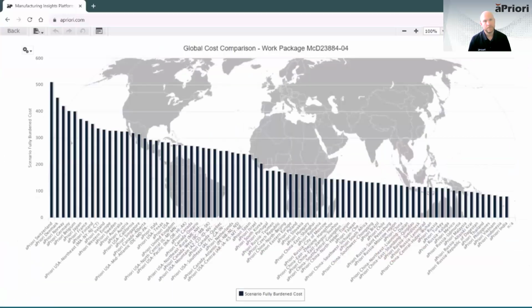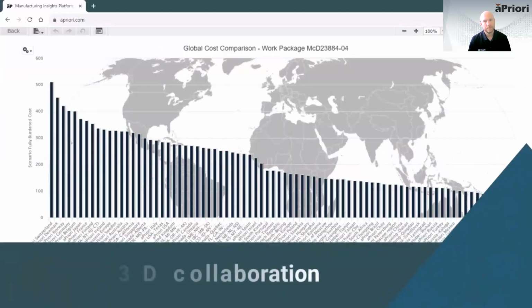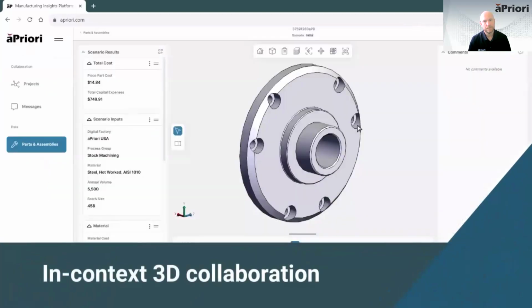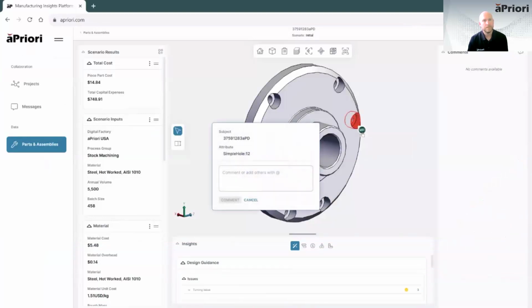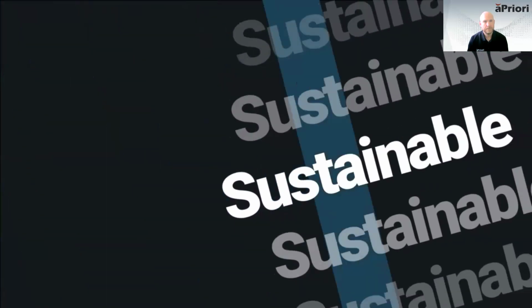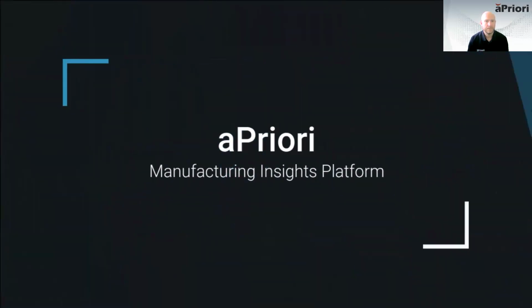Or use the data for strategic sourcing decisions. On top of all that, scenarios can be shared with key project stakeholders, enabling in-context collaboration with full traceability. Removing the need to schedule time for experts to review designs, getting more profitable, sustainable, manufacturable designs to market faster than ever before.